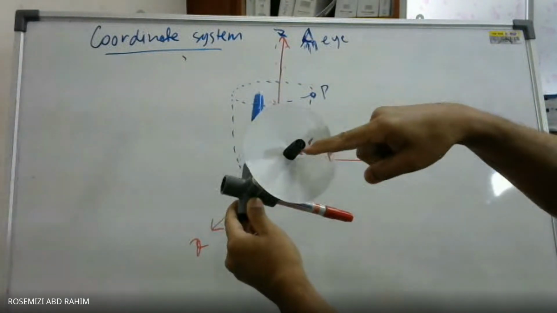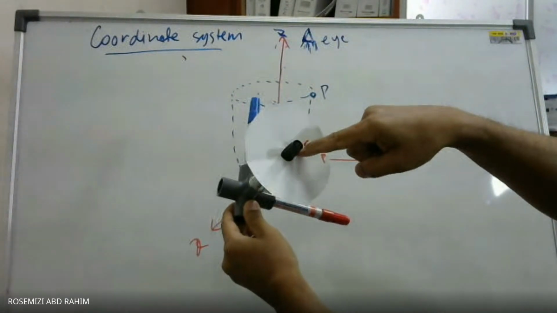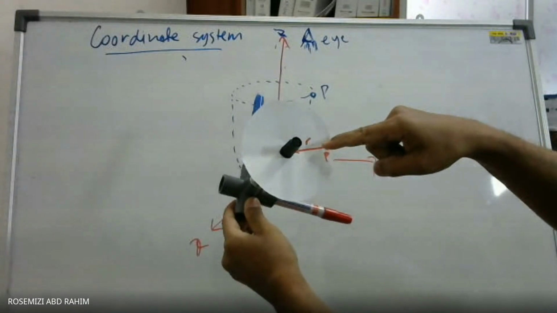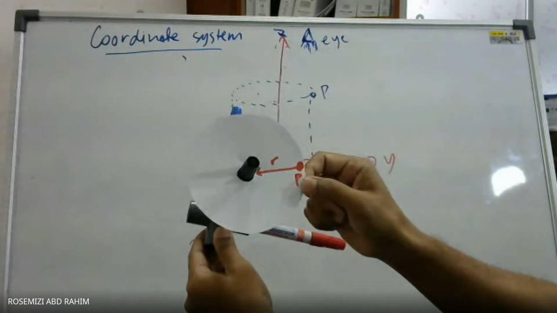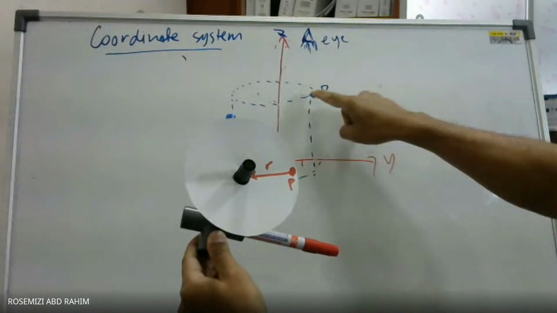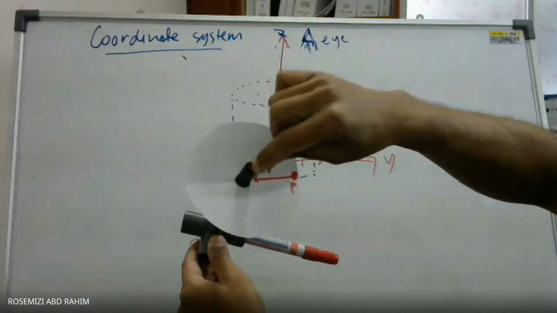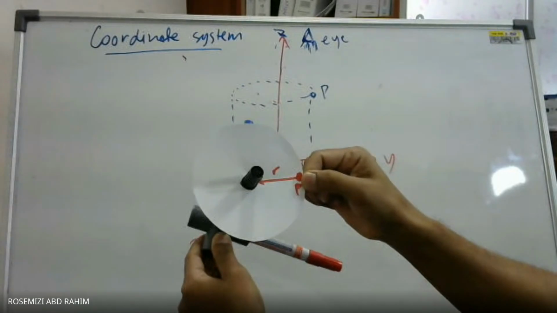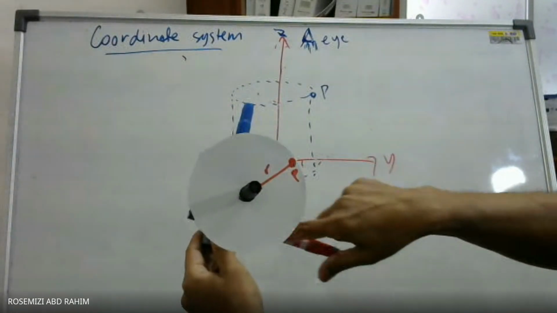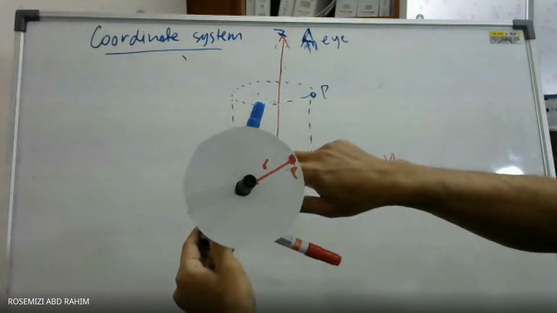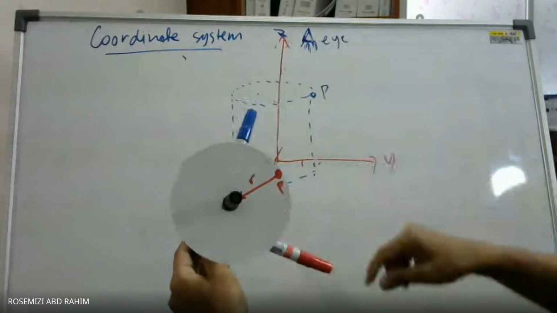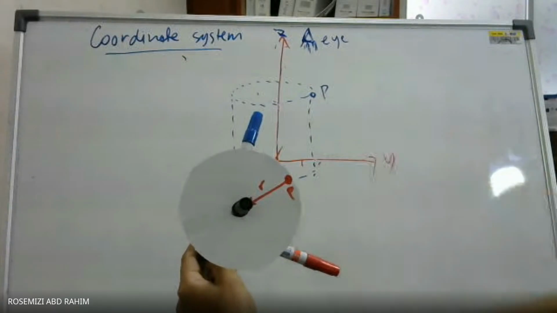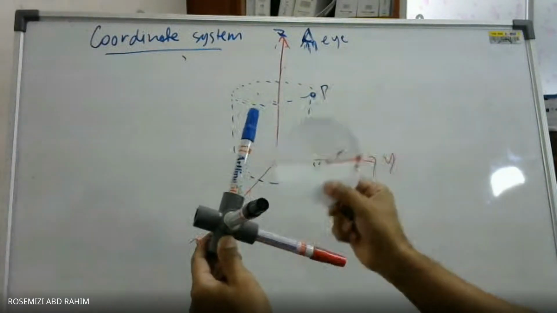And then from the cylinder to point P we get R. Okay, R is from Z axis to point P. This is X axis. This one is Y axis. So if we focus on this part, what we can see is here.